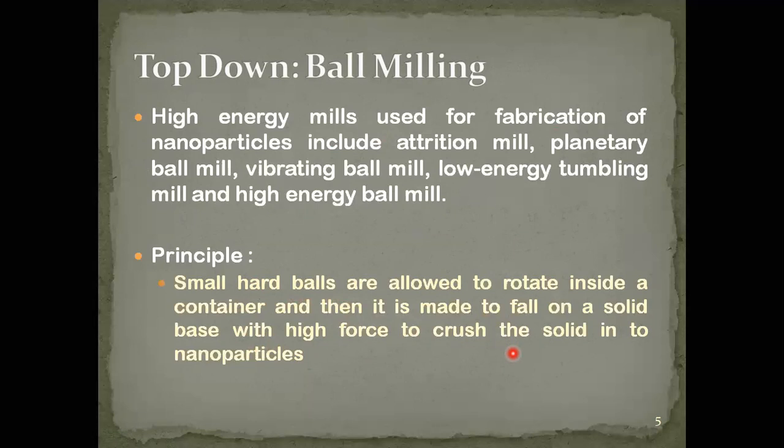In the grinder, we have two stones. Whenever we put rice or dal into it, due to the rotation, it breaks into small particles. And when we add water, it becomes a liquid. A very similar principle is used here. The small hard balls are made to rotate inside the container.